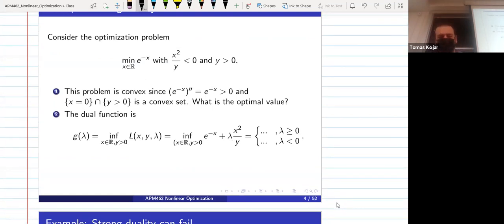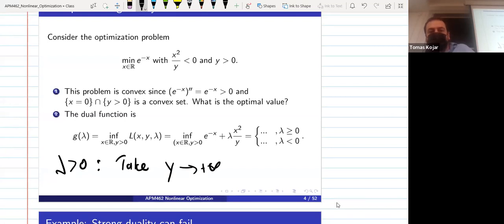So take lambda to be non-negative, then take y to plus infinity. This guy is 0. So you're left with infimum of e to the minus x, which is 0. Right?